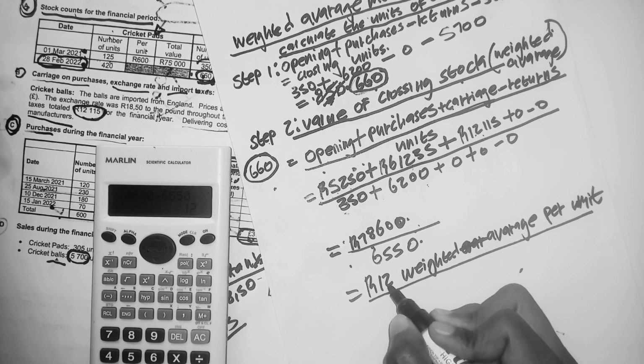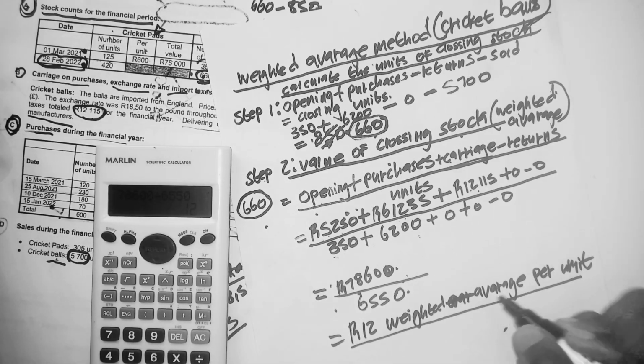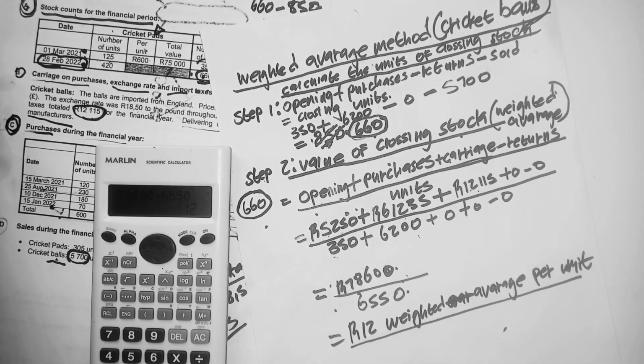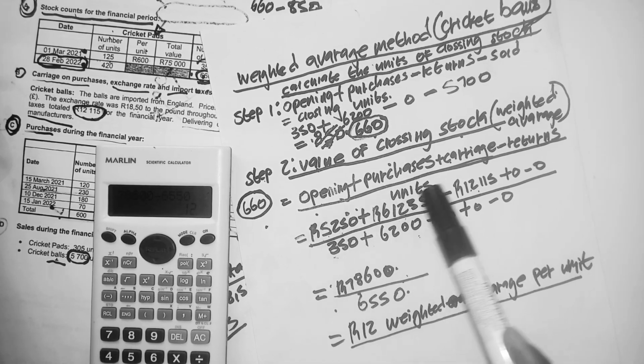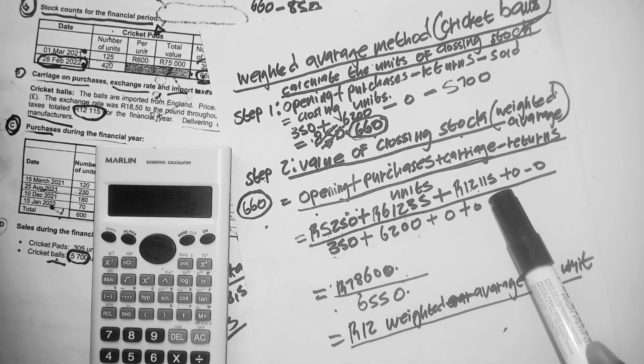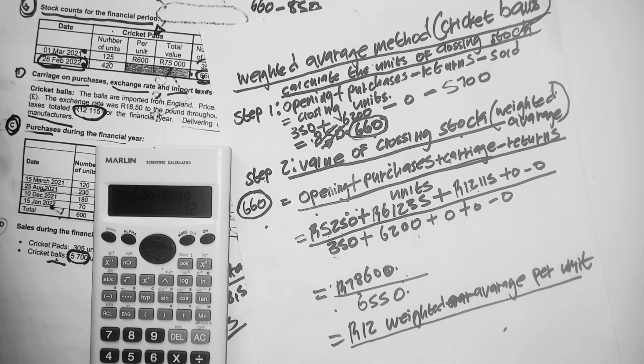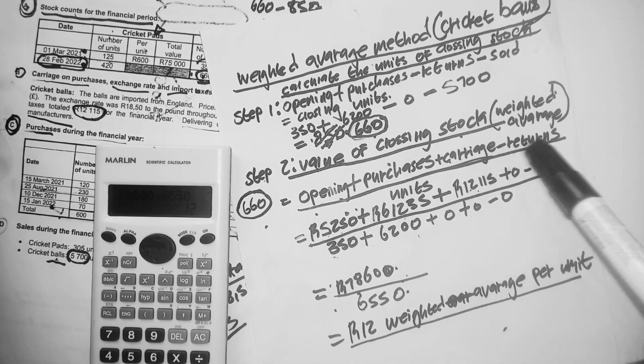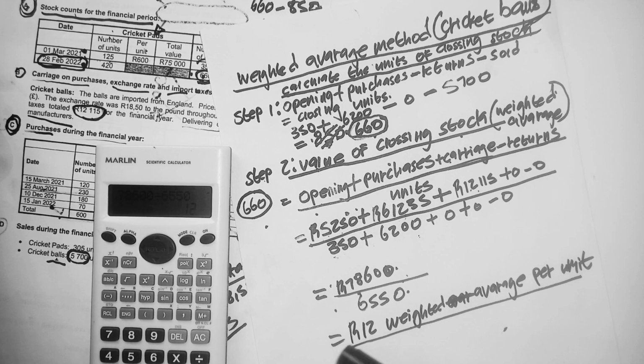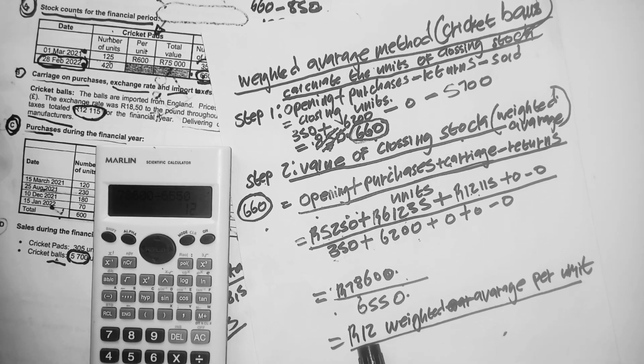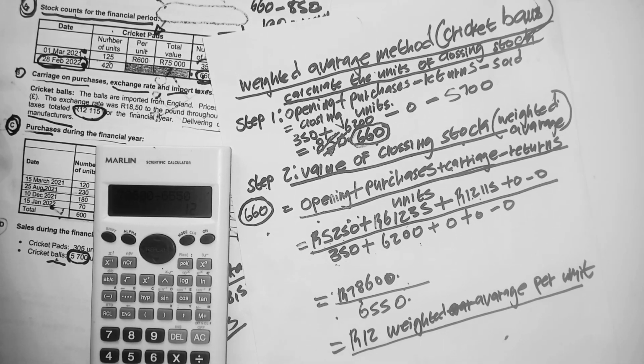Once you get this weighted average per unit, it simply means this is your unit price, which means on average, all your goods are worth, each is worth 12 rand, which means one cricket ball on average is worth 12 rand.